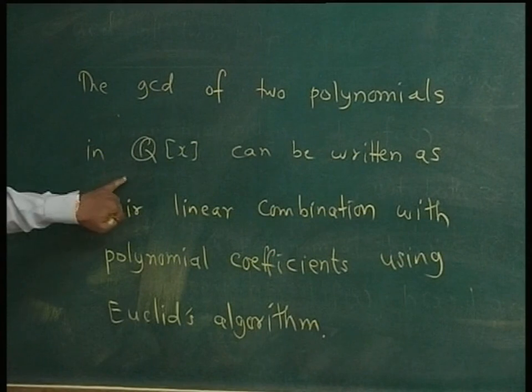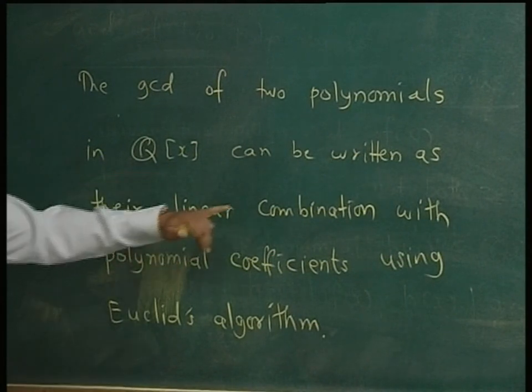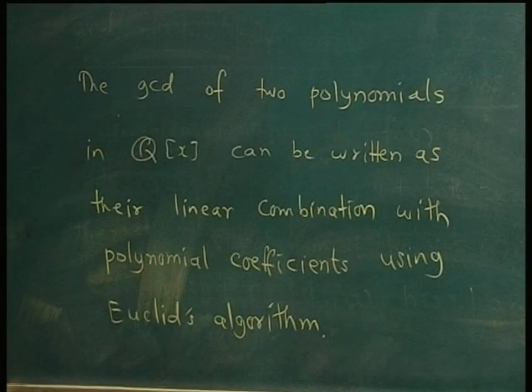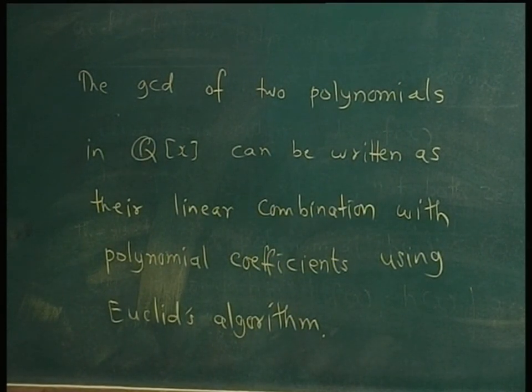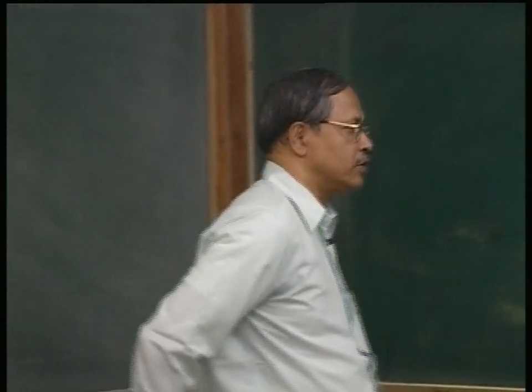So the GCD of two polynomials in Q[x] can be written as their linear combination with polynomial coefficients using Euclid's algorithm. Euclid's algorithm is you just divide f(x) by g(x), get the quotient, get the remainder. Then by the remainder you again divide g(x), get the quotient, get the remainder, and so on. Proceed like this. And the last non-zero remainder in this process is going to be the GCD of the polynomials, and it can be written by retracing the steps as the combination of the given polynomials.